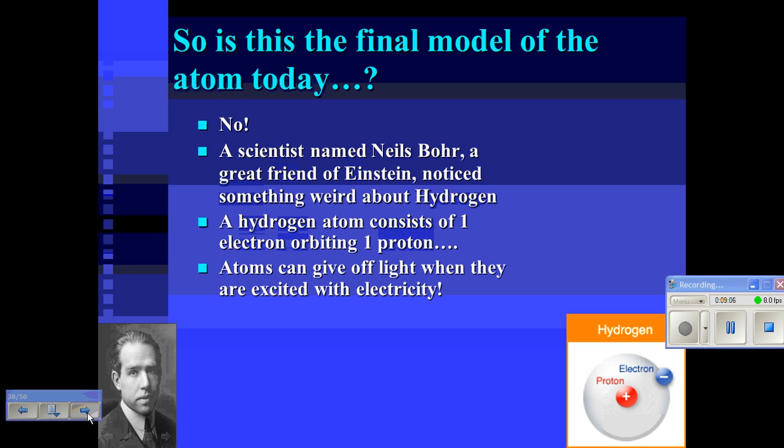So they took hydrogen and they ran electricity through it, and it will give off a color of light. Just like the neon lights that we see now, that's what they were working with. They're called spectrum tubes. And it gives off the light for that particular element as electricity excites the electrons and they move. Well, that's why they chose hydrogen. They're looking for one color.